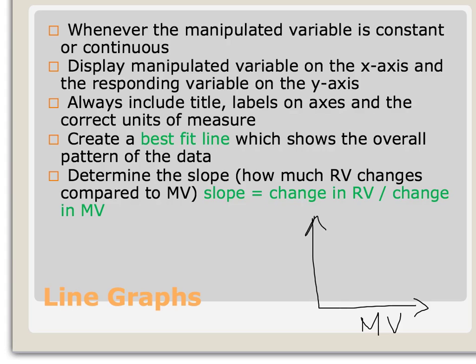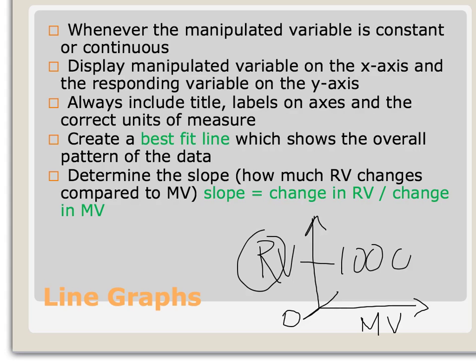We always put our responding variable on the y-axis. We generally start both axes at 0. And if 0 is not an appropriate place to start, let's say we're measuring height as our responding variable over a period of time, and our smallest height measurement is, say, 100 centimeters, and it goes up to, say, 1,200 centimeters.